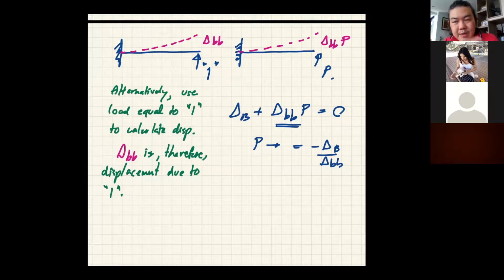When you calculate your displacement, it always comes in terms of something EI. So that means for an indeterminate structure, your reactions will depend on the properties of your material and your section.